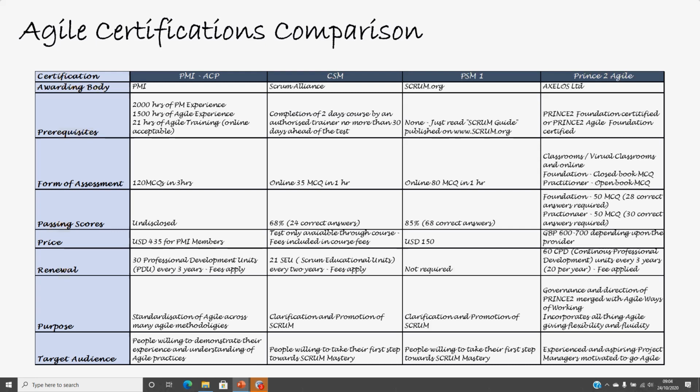Because Prince2 Agile, just like PMI, brings together the different flavors of Agile, Kanban and Scrum and Extreme Programming. All of them together give you a holistic view of everything, and then you have a very well-rounded exposure to the Agile methodologies.